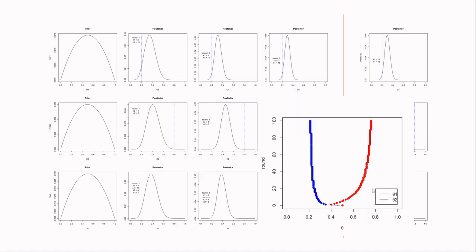And finally, this plot is showing the development of the parameters just over the rounds of adding more and more data. And again, in this case, I'm just adding the same data over and over again. And we're going up to 100 rounds. And what you see again, the parameters are going close to where there is the mode of the likelihood. Theta 1 reaches it around here, I would say 50 rounds or so.